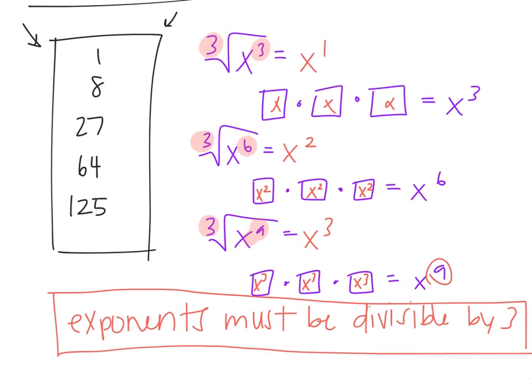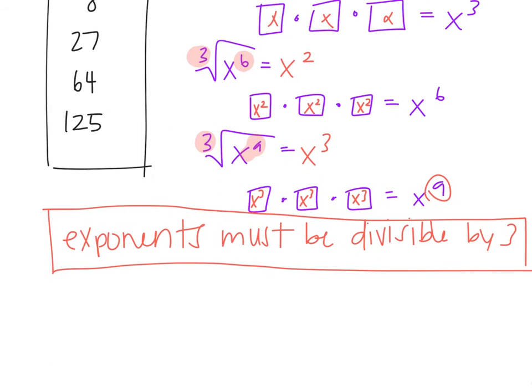So now let's look at one that is not divisible by 3. Let's say we have something like the cube root of x to the 7th power. Well, can I take 7 and divide it by 3 and get a whole number? No. So same thing like we did when we had square roots, I need to split up x to the 7th power.